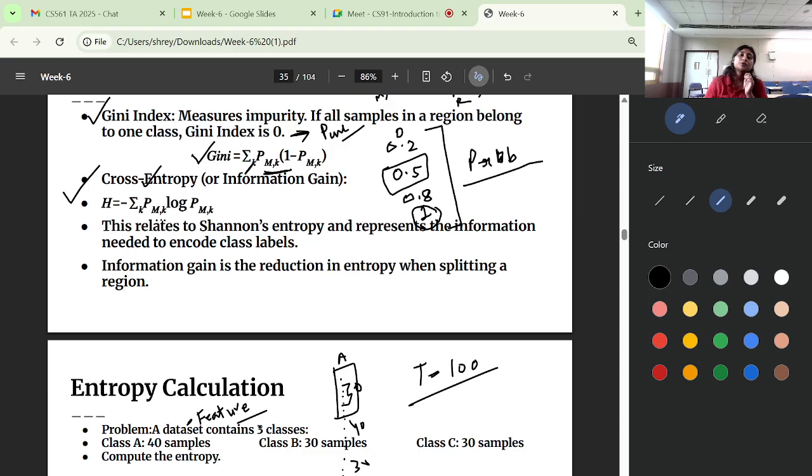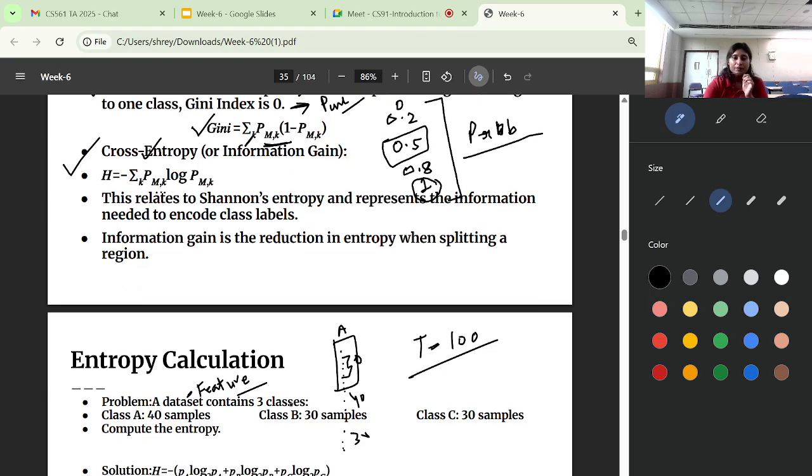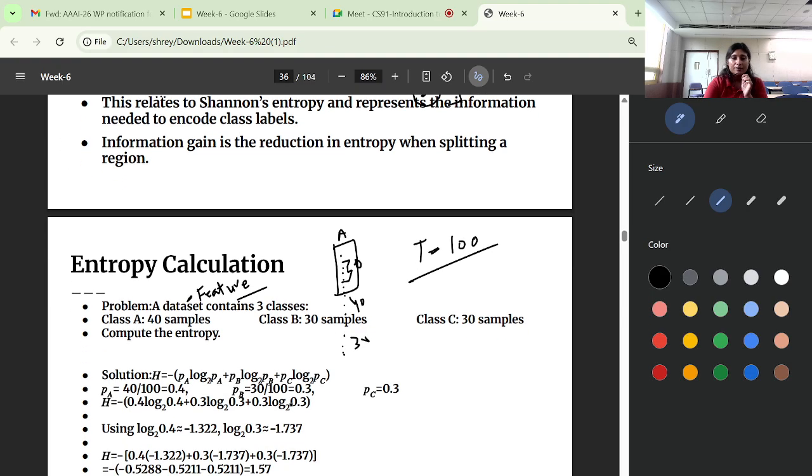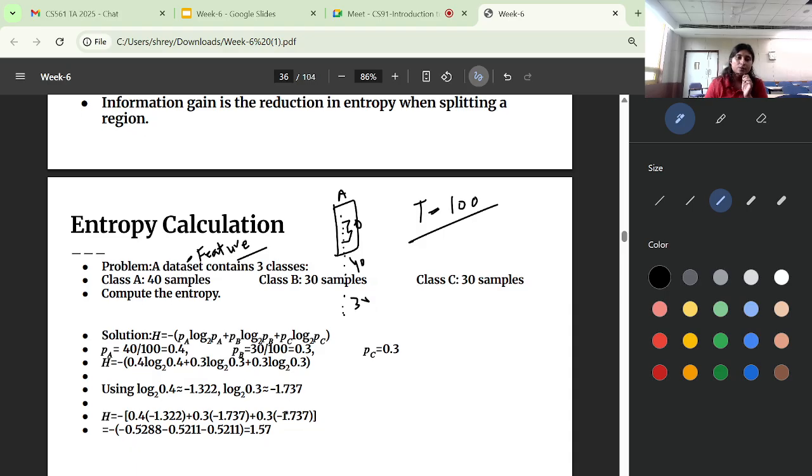We will calculate the Gini index and cross entropy for each feature present in your data set. So the final entropy of this attribute is 1.57. Is there any problem in this entropy calculation? Then please go ahead.